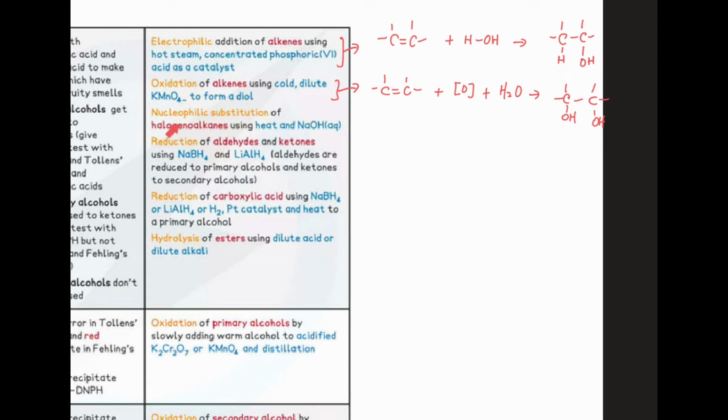Okay, so alcohol. Now the next one: nucleophilic substitution of halogenoalkanes using heat and aqueous NaOH. So for example, that's a simple chemical equation. You have a halogenoalkane.